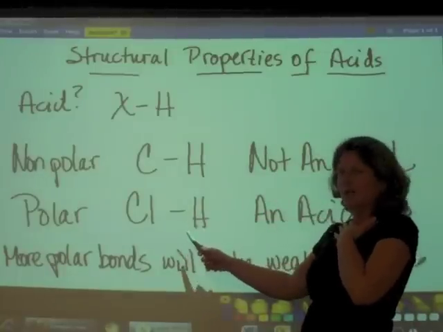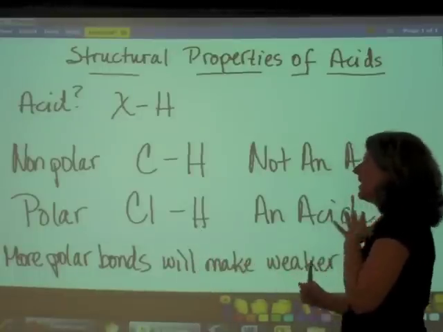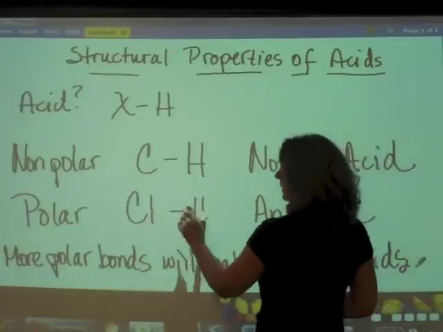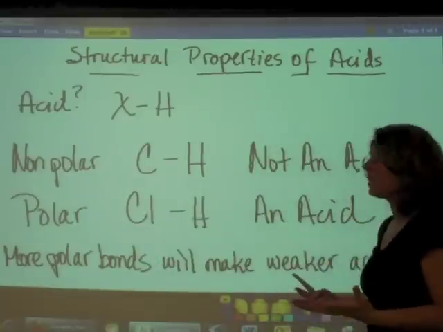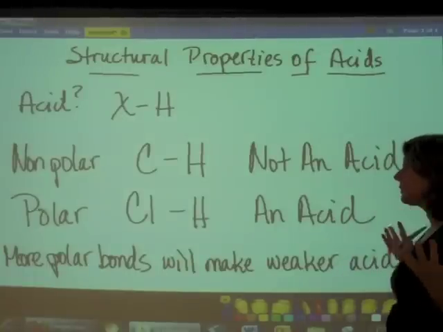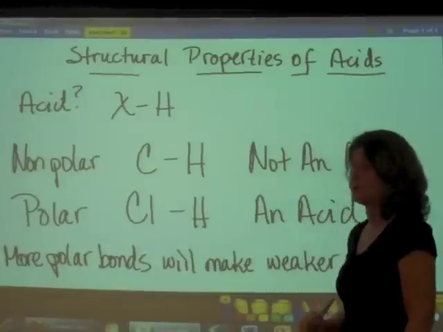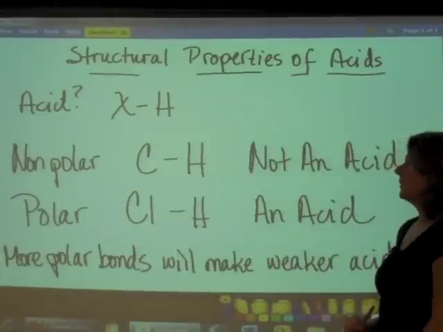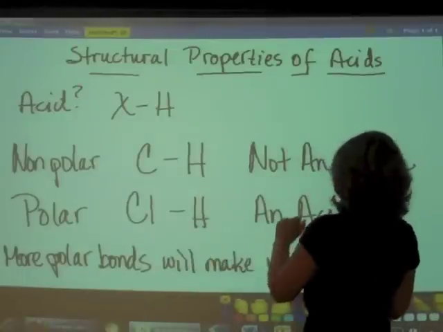So for instance, is HCl a weak acid? No, it's not a weak acid, it's a strong acid. And so the bond polarity between the two is not that great. It's a polar bond, but it's still not that great of a difference. So the bigger the difference in the electronegativity between the hydrogen and whatever it's bonded to, the weaker that acid's going to be, because yes, the hydrogen will dissociate.